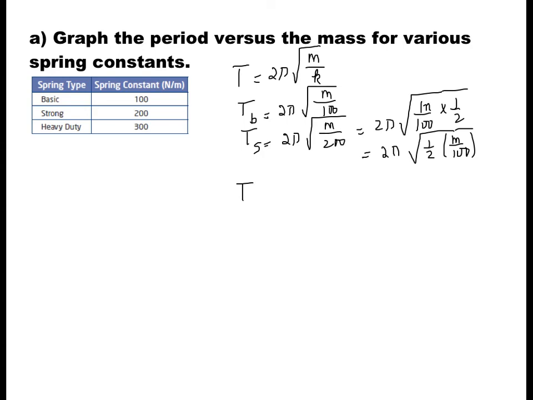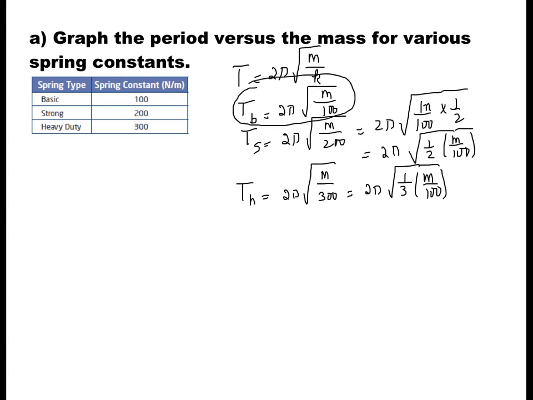For T of heavy duty, this is 2 pi square root of m over 300, which I can write as 2 pi square root of 1 over 3 times m over 100. Now the reason I wrote it as m over 100 is because I want to compare the graph of basic with strong and heavy duty.